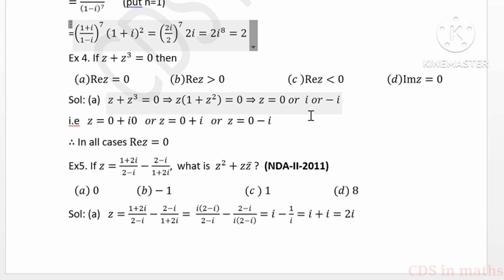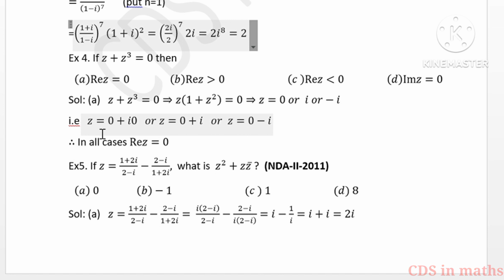Now the product of these two factors being 0 means either z will be 0 or 1 plus z squared will be 0. 1 plus z squared being 0 means z squared is equal to minus 1, that is z is equal to plus or minus root over minus 1. Because it is a quadratic, there are 2 values. So root over minus 1 is i. So i or minus i.